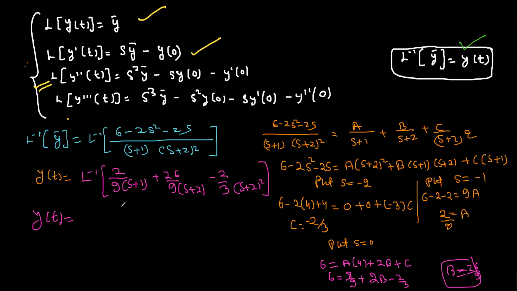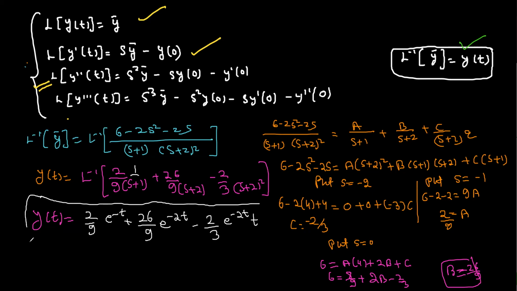You know what is the Laplace inverse of this? 2 by 9 e raised to t. What is Laplace inverse of this? e raised to minus 2t. And what is Laplace inverse of this? e raised to minus 2t into t. Understood? This is your final answer. Perfectly.